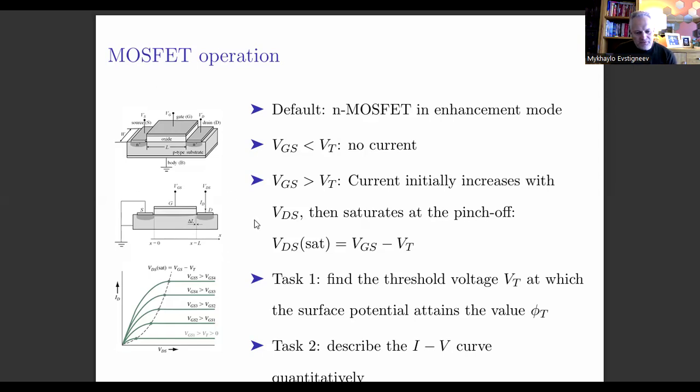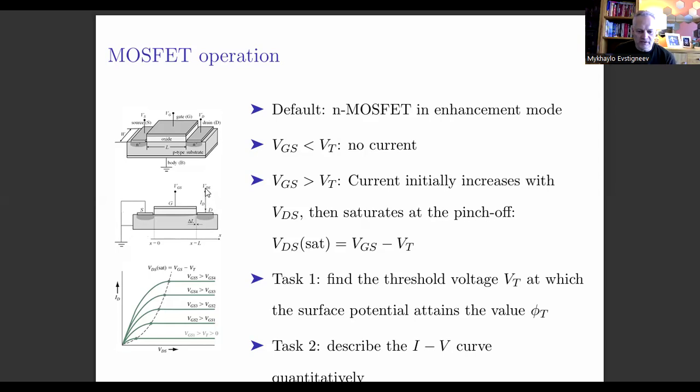So this is the configuration that we will be discussing. The body is grounded, the source is connected to the body electrically, and so the source is also grounded. You apply the voltage VD, the drain voltage, to the drain.